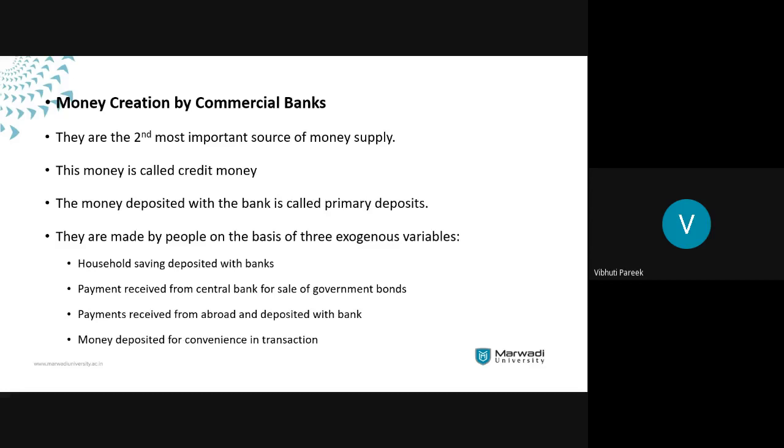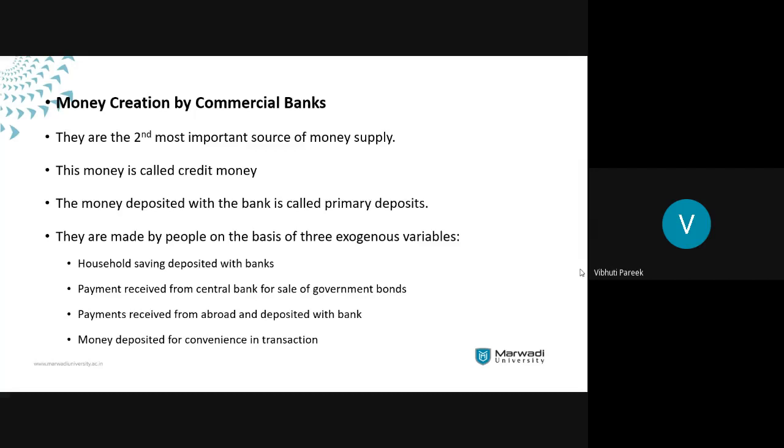Now, the money which is deposited by the public in the banks is called primary deposit. Right? As you can see on your screen, the money which is deposited with the bank is called primary deposit. Now, this primary deposit is made by the people because of three exogenous variables.